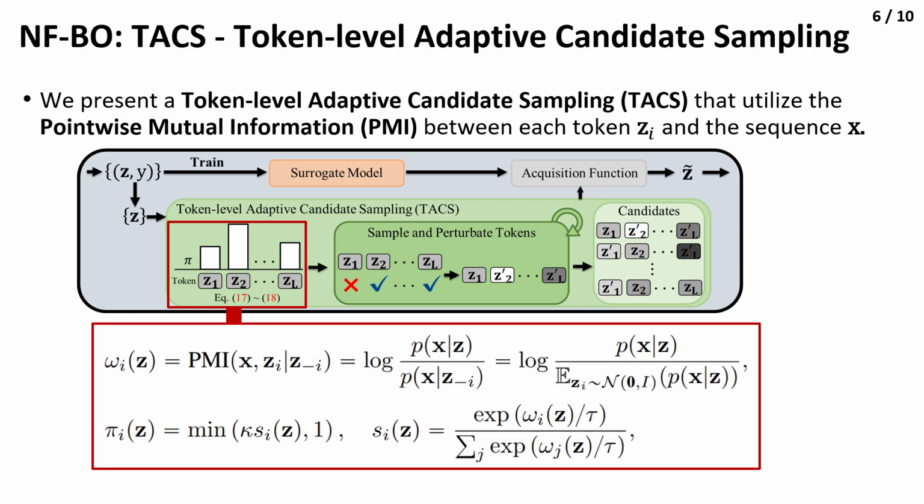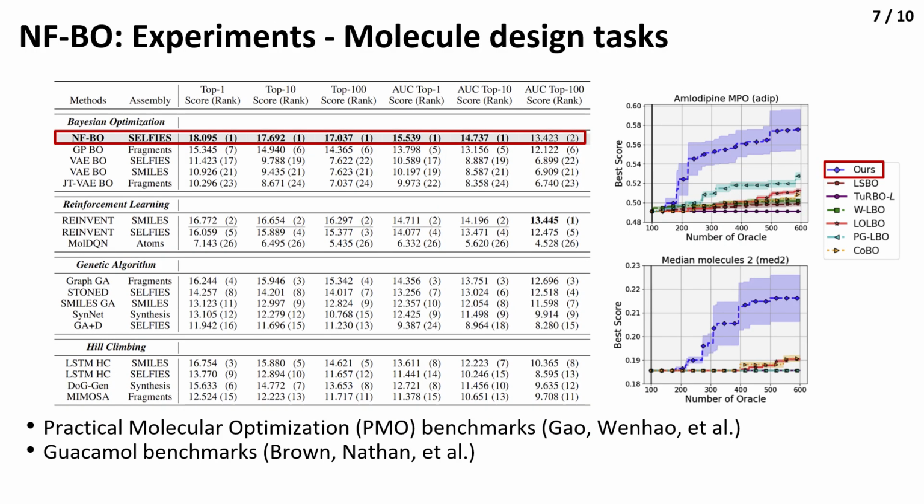The pointwise mutual information between the discrete sequence X and a latent token Zi is denoted as omega i, and this PMI value is used to compute the perturbation probability pi i.